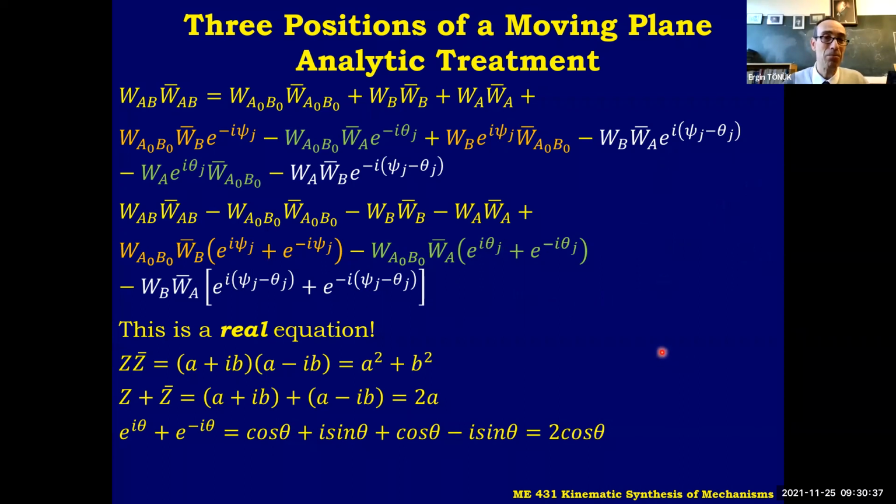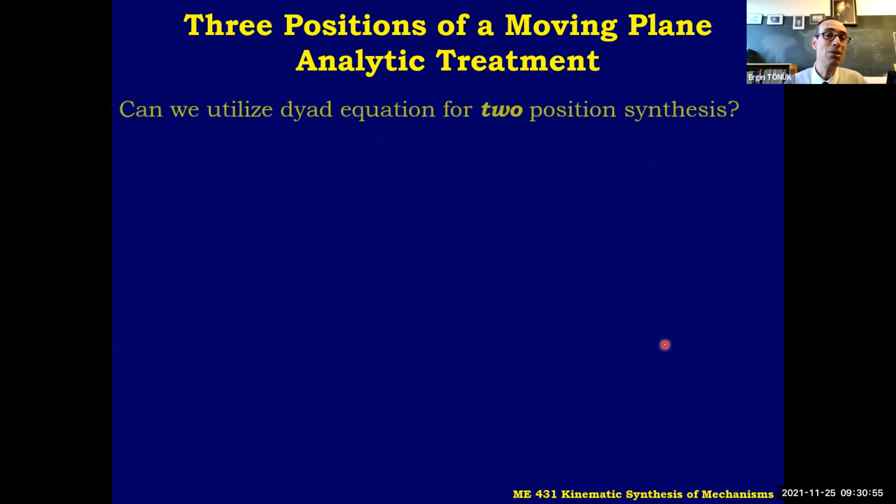So we had seen one way of using the dyad equation, which was the very straightforward use of it. We will see other uses as well. We will modify it, but can we utilize it for two-position synthesis? The answer is yes. You will have just one equation like this. Delta is the displacement of the point from position 1 to 2.